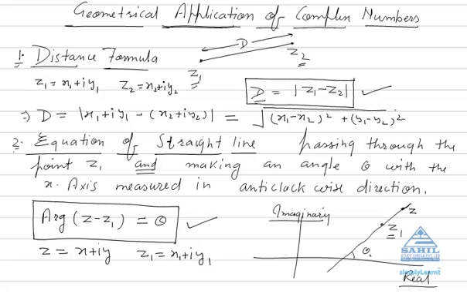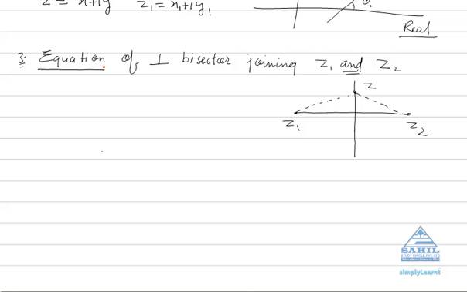The next concept is the equation of the perpendicular bisector joining z1 and z2. As the figure shows, z1 and z2 are two fixed points. Obviously, these are complex numbers, and I told you that these two complex numbers must be considered as two points in the Argand plane.